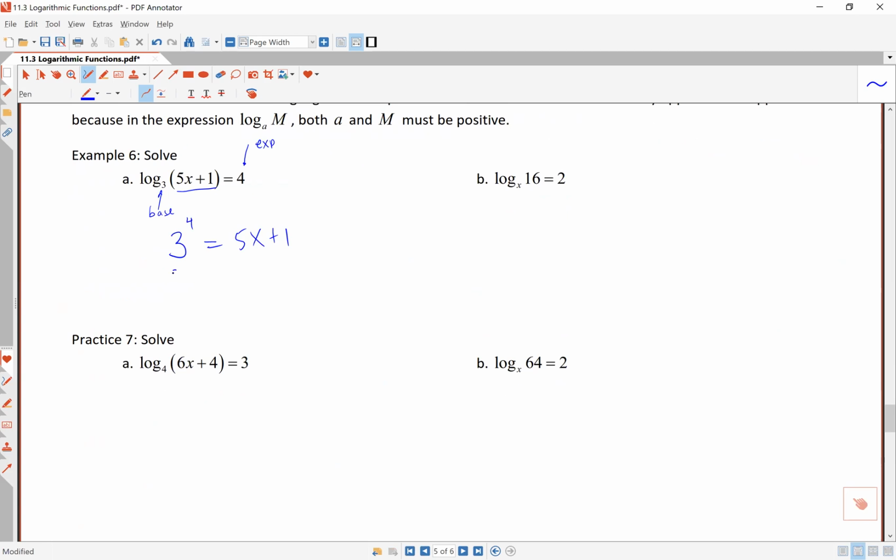That's 81. And so you subtract 1 from both sides to equal 5x. Dividing by 5 gives us x is equal to 16.